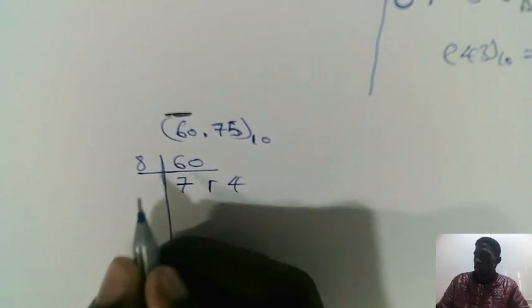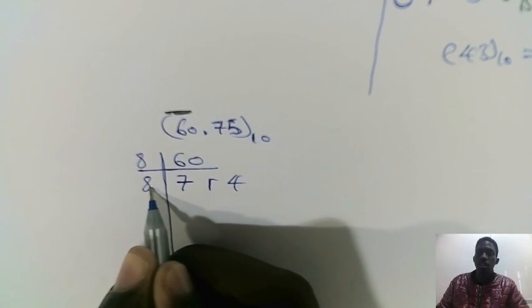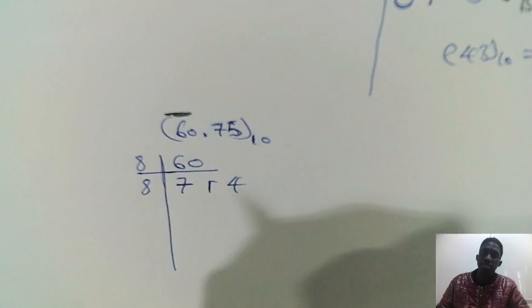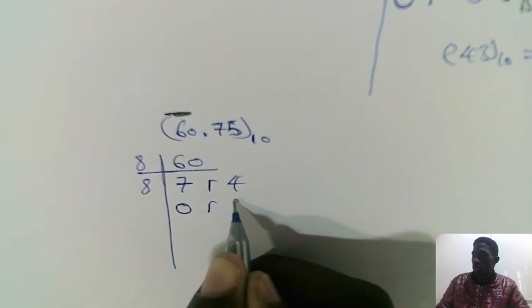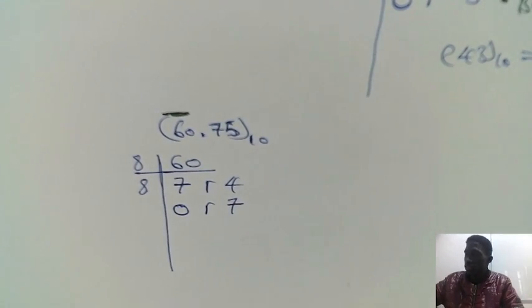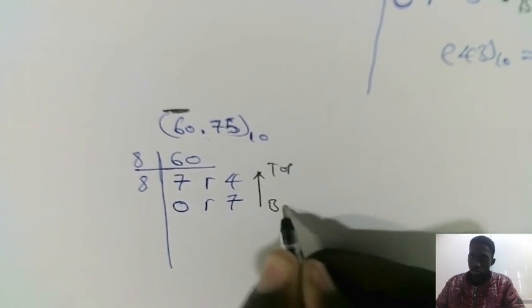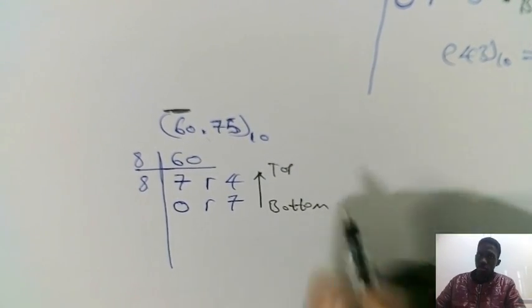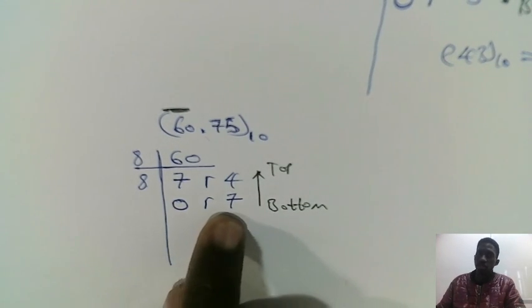And we have 7 again. Now 7 divided by 8 cannot happen because 7 is less than 8. So it will be 0, remainder 7. And we are reading from bottom to top. So this is the whole number part of our answer, 74 point something.